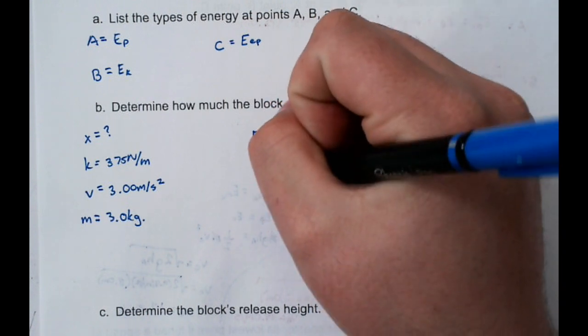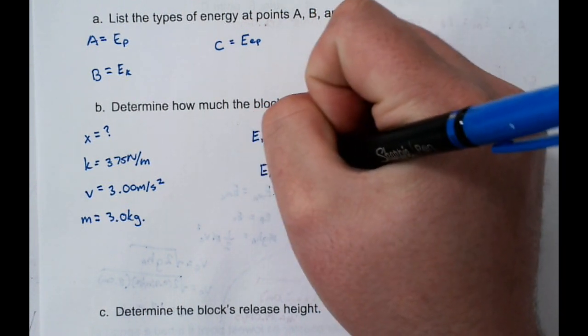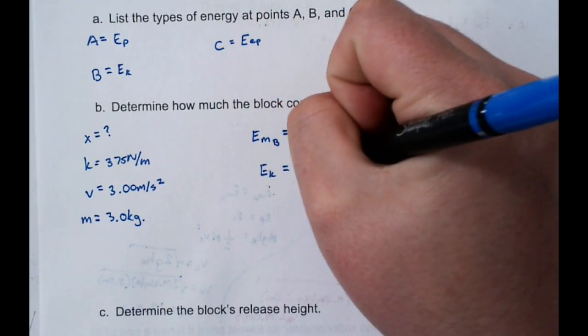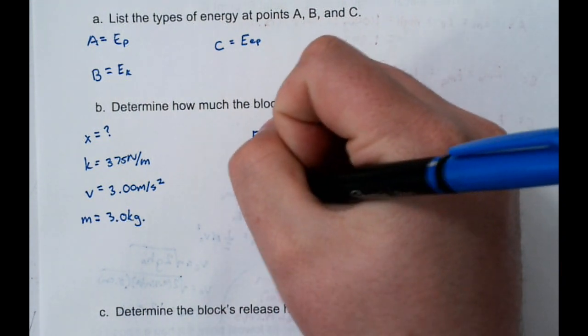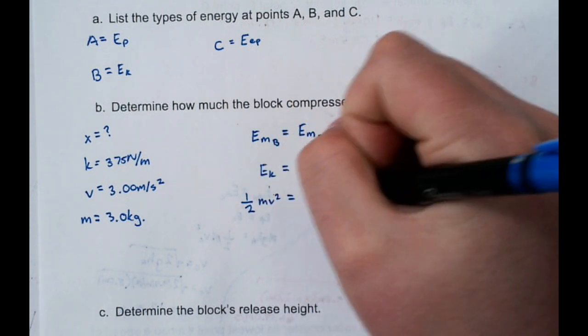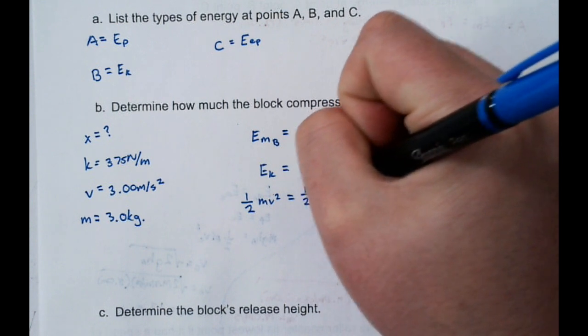So at point B, it is all kinetic energy, and at point C, it's all elastic potential energy. For your kinetic energy, you have 1/2 mv squared is equal to 1/2 kx squared.